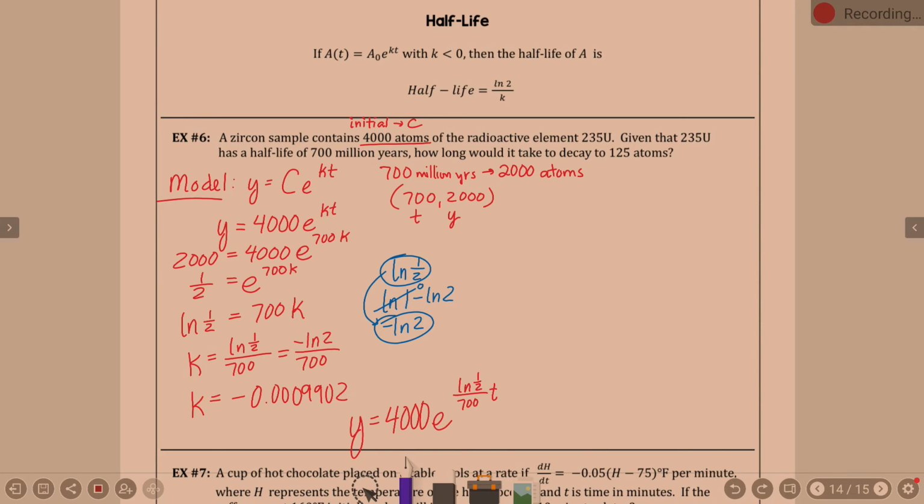How long until it will decay to 125? So what am I doing? We want to know, basically, question mark, comma, 125. So I'm going to take that equation: 125 equals 4,000 e to the natural log of 1/2 over 700 times t.